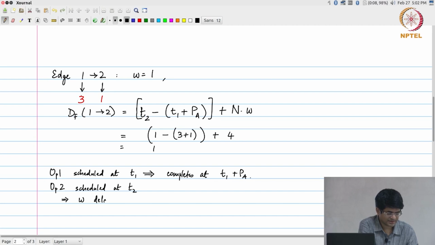W delays correspond to N into W clock cycles. In other words, if I want to use the value produced by operation 1, W samples later, then that will correspond to the execution of T2 at T2 plus N into W.